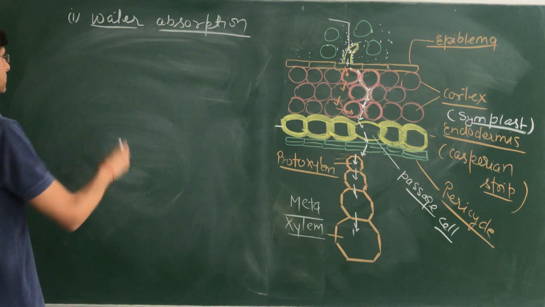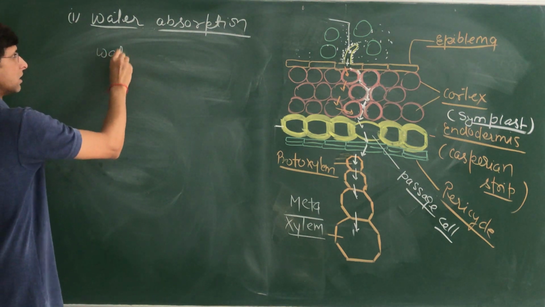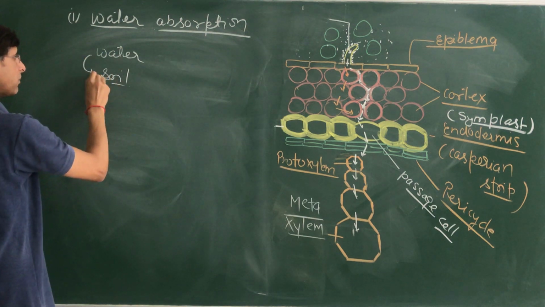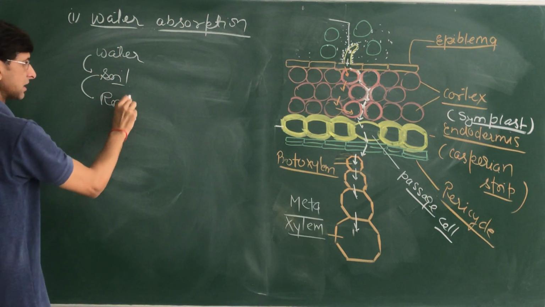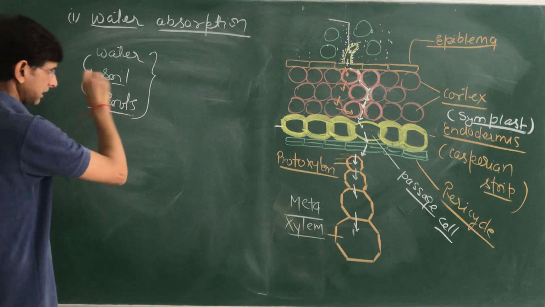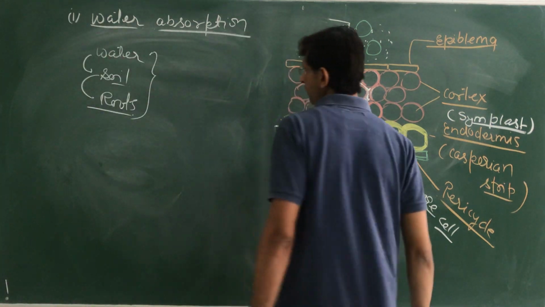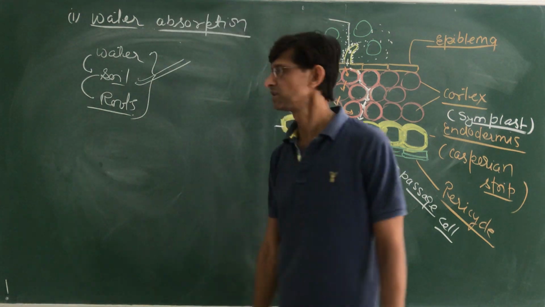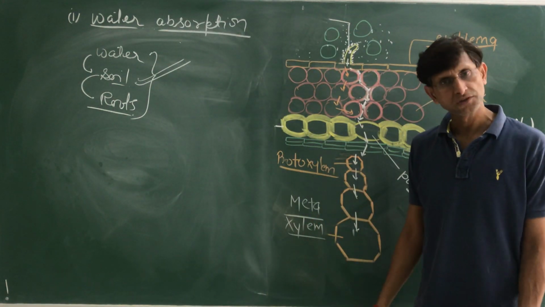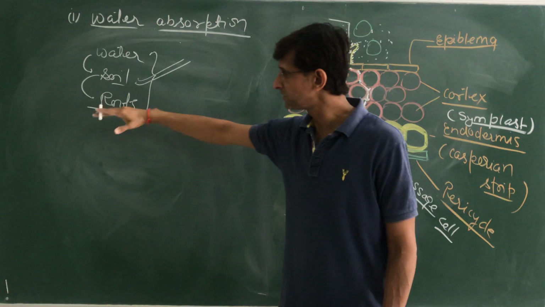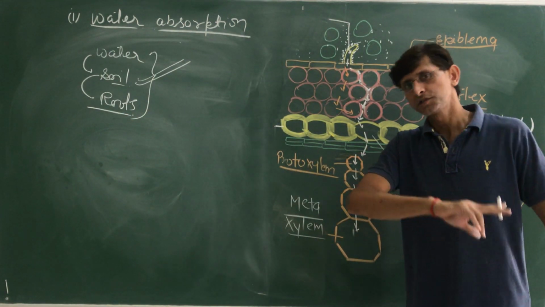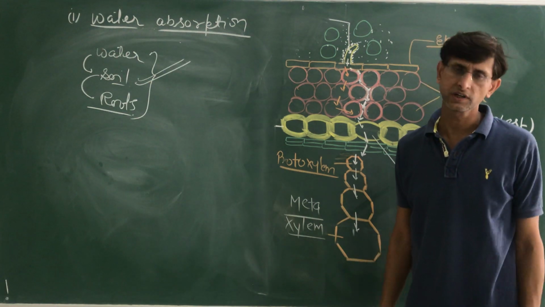It means absorption of water from the soil with the help of roots. We know very well that the source of water for all plants is the soil. The chief source of water is the soil, and it is absorbed with the help of roots. So entry of water from the soil solution into the root is called water absorption.